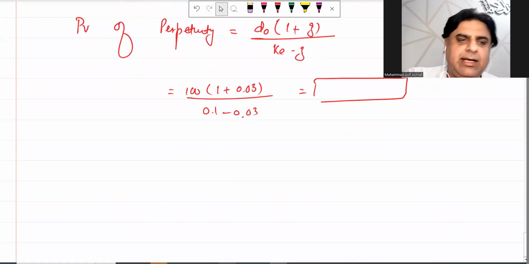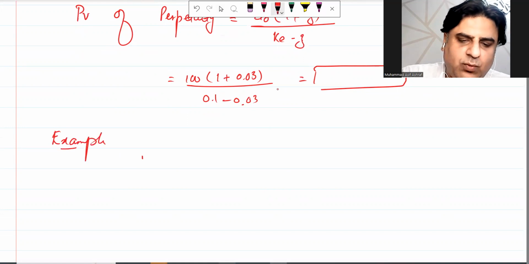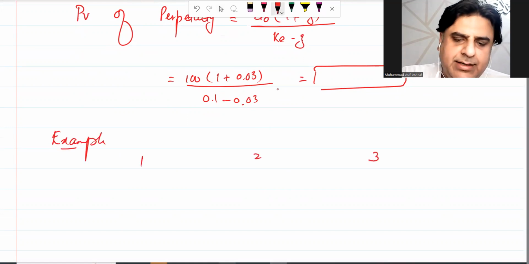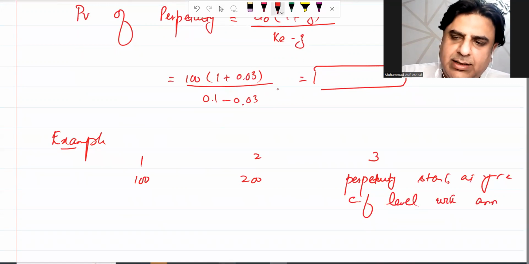Now let's further elaborate this concept. Another example. Years one, two, three. We have 100, 200, and we say that from year 3, perpetuity starts at year 2 levels with an annual growth rate of 2%.